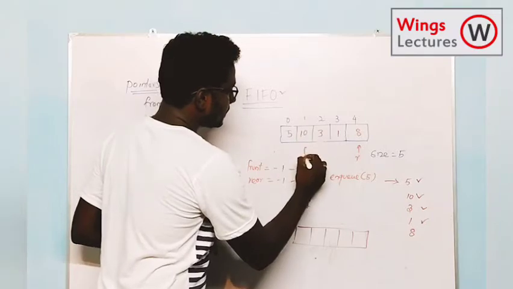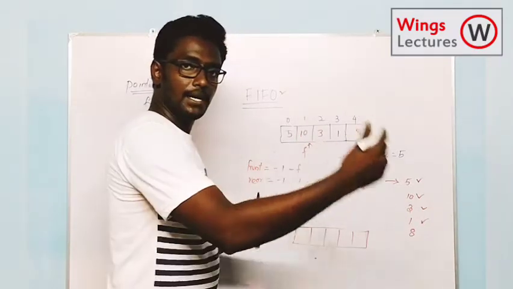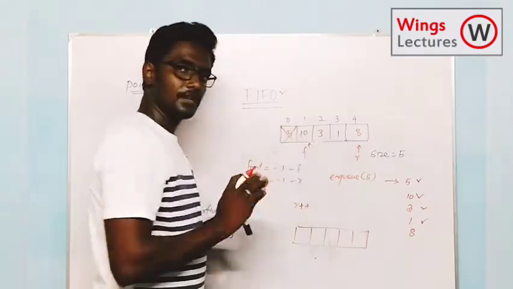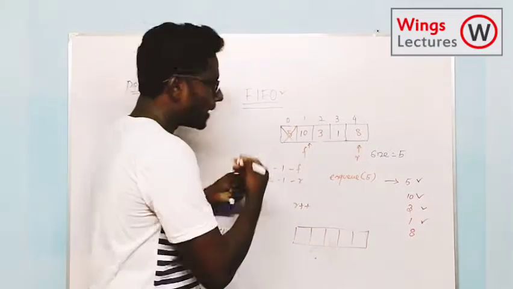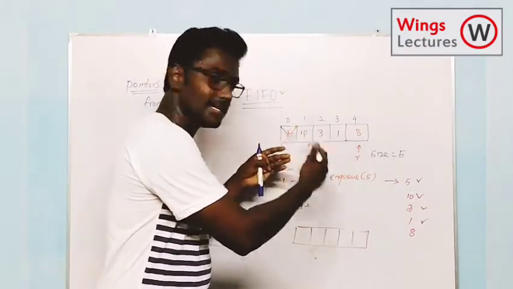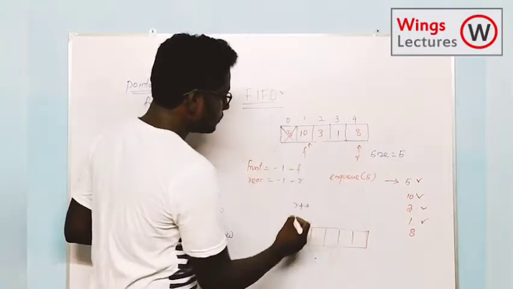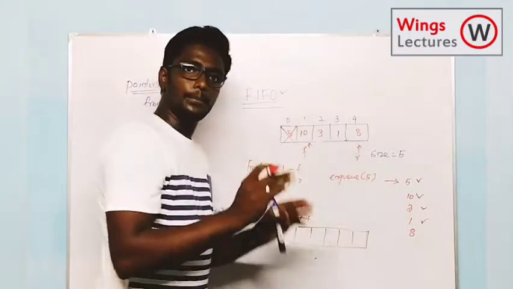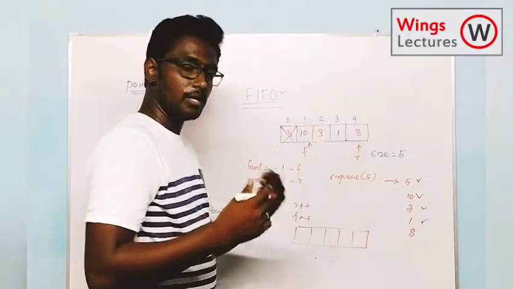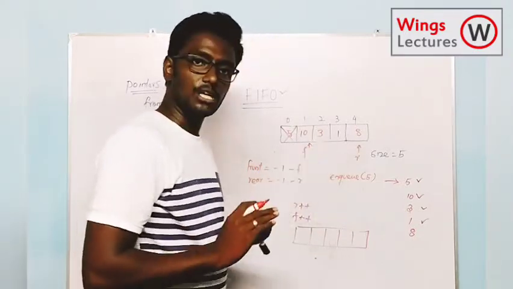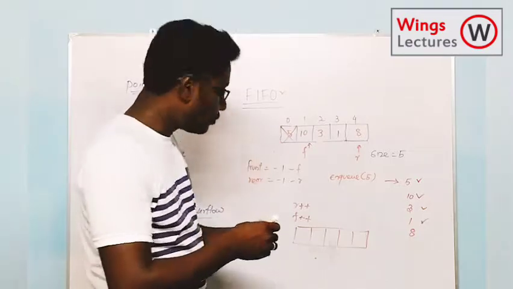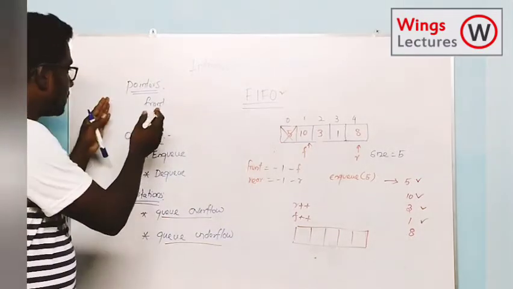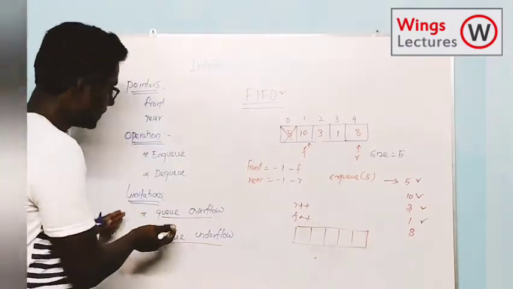The front pointer will move to the next position, then I will delete this data. When I am doing the implementation, you will understand clearly how it works. So simply we increment the front pointer one step, and we don't need to disturb the rear pointer when we delete data from the queue. That's the whole thing: the basic operations, pointers and the limitations.